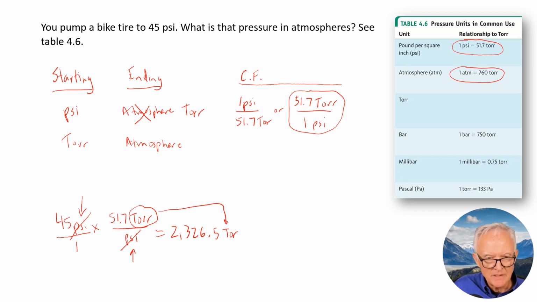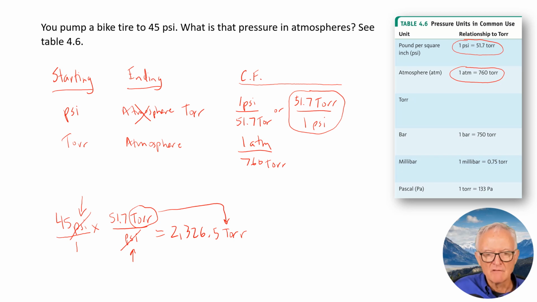That is going to be in our answer. Of course, I have to spell it right. So we're at 2,326.5 torr. I will not round that right now. I want to do the next conversion first, and that's going to be from torr to atmosphere. So in that case, we've got 1 atmosphere is 760 torr.